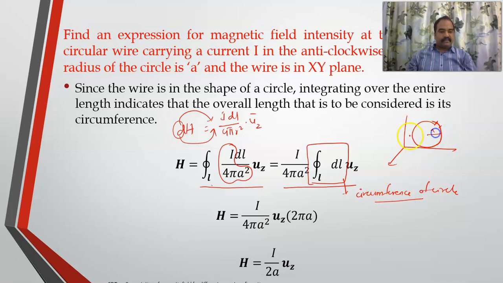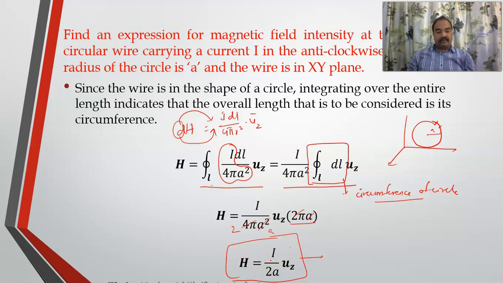The radius is a, so the circumference is 2 pi a. If I substitute this, 4 pi and 2 pi reduce, you will get 2, and here a. So this is my expression for the magnetic field intensity due to a current I in the circular wire.